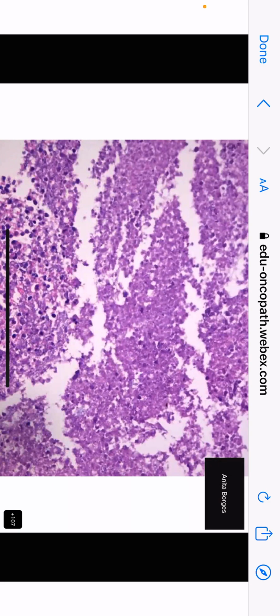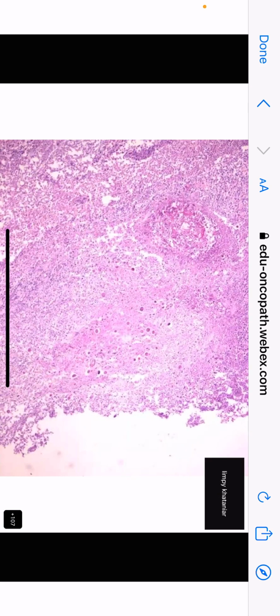Okay. What do you see here? Same or something else? Yes, there are a few inflammatory cells, but otherwise it is also just necrosis.